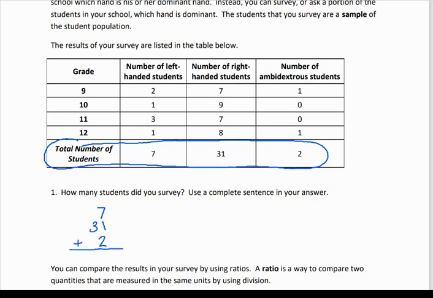You may go ahead and, if you're not using this actual paper, on your lined paper, make sure you're showing your work. So 7 plus 31 plus 2 gives me 40. So I surveyed 40 students.